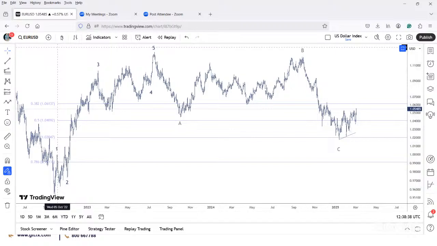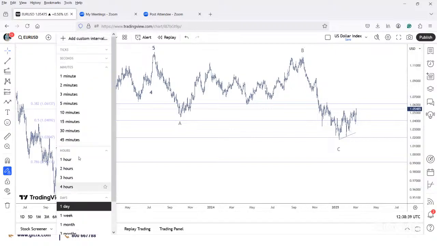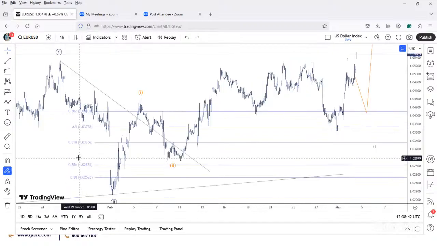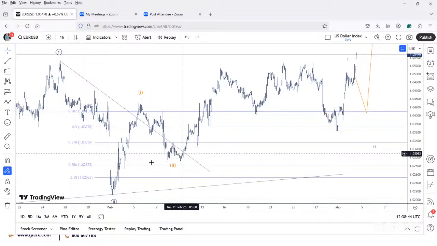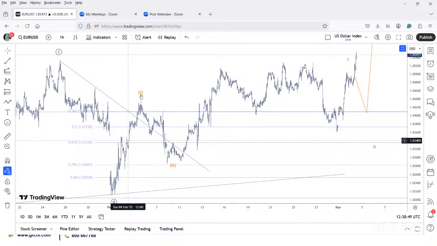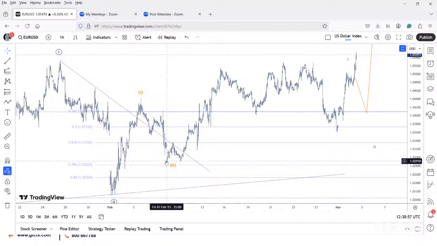But we can do that same exercise on the hourly chart, and here's the trade. So what we did in one of the live sessions is we took this wave 1 of smaller degree and wave 2 termination, again at 78.6%. So the entry would have been at 1.02, slightly higher, let's say 1.0331.